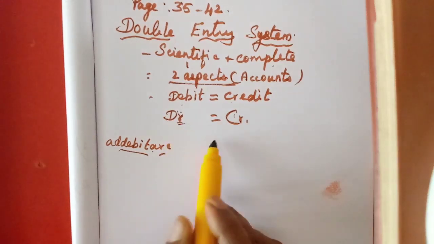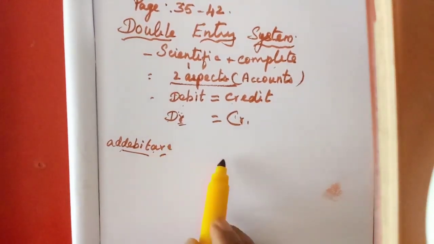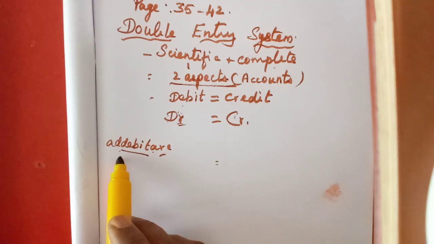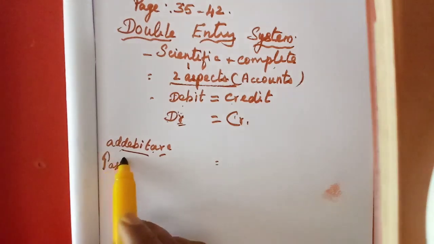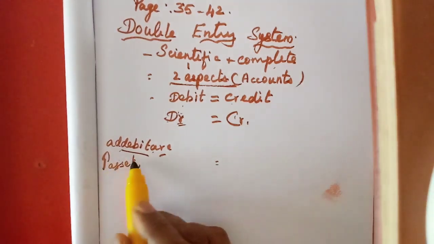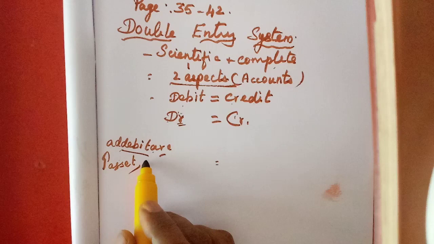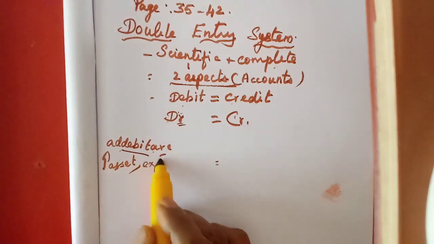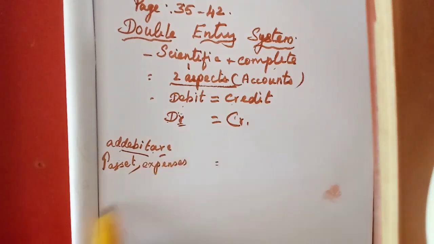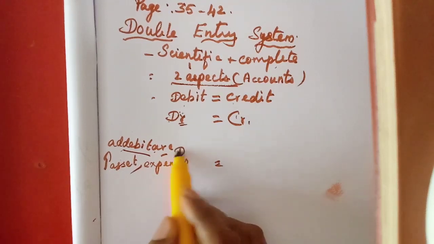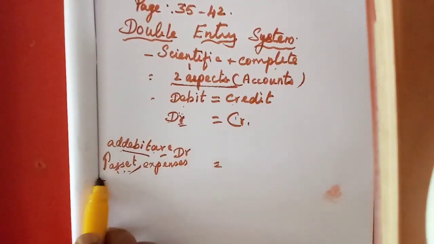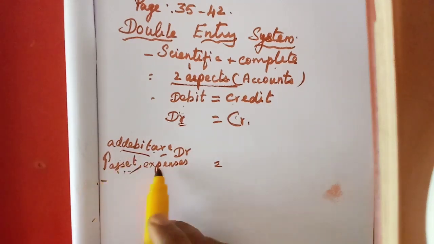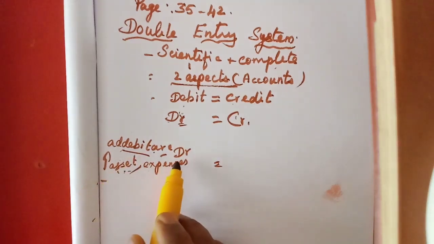So what all will come under the heading debit if it is a receiving aspect? For example, an increase in the asset, or an increase in the expenses, they are called debit. If we purchase an asset, it is coming inside. In the same way, expenses are considered as debit.